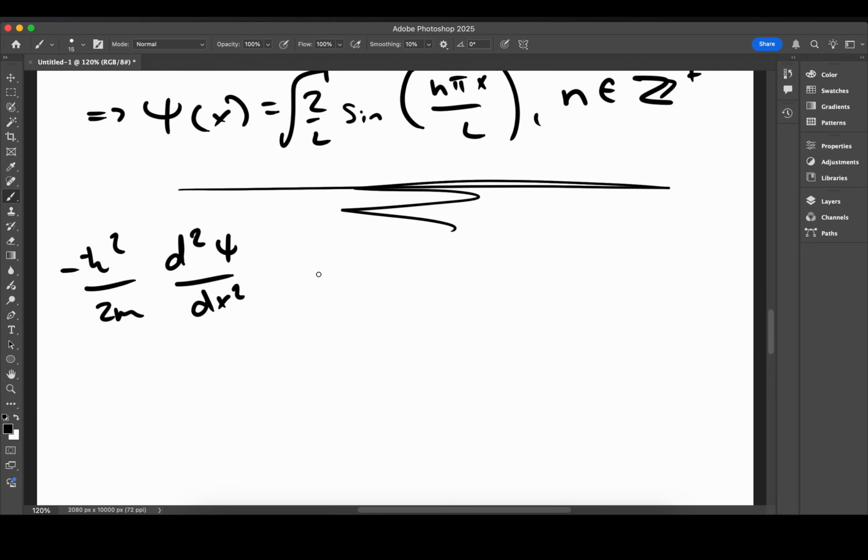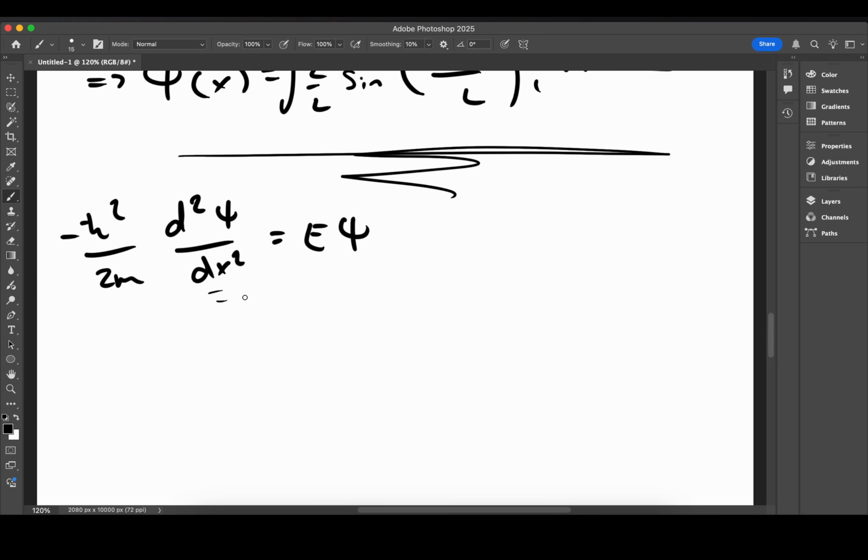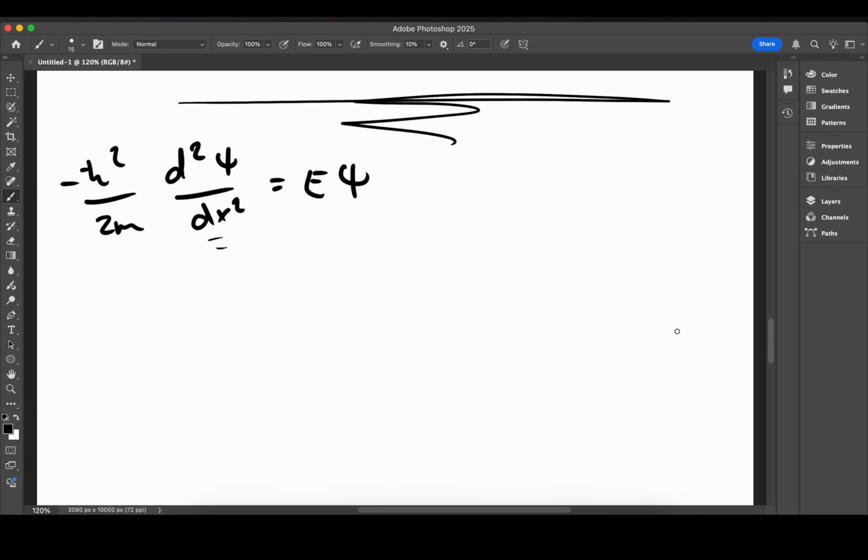We said that this potential term is 0 inside the well, so I'm not going to write it, and this is just the energy eigenvalue times the wave function. So we're just going to solve for E at this point. Before we can do that, we need to know the second derivative of the wave function, which we just found. Not a problem.